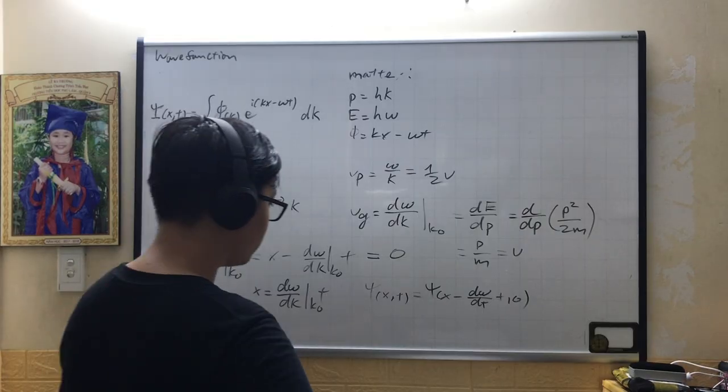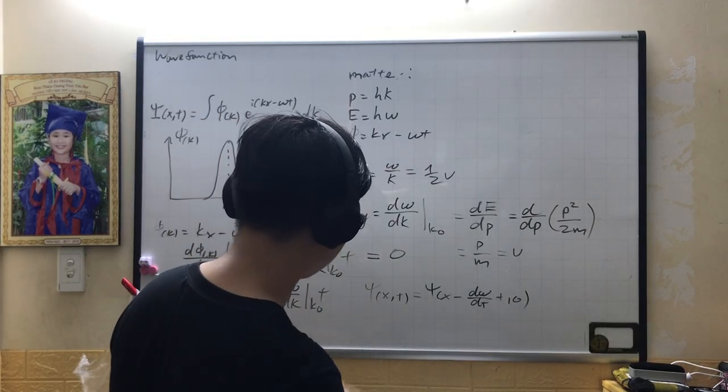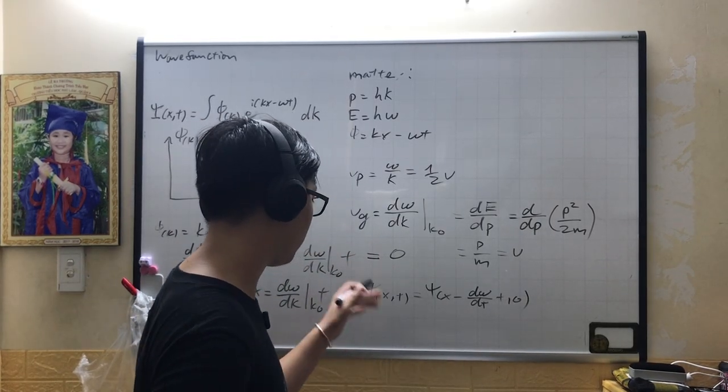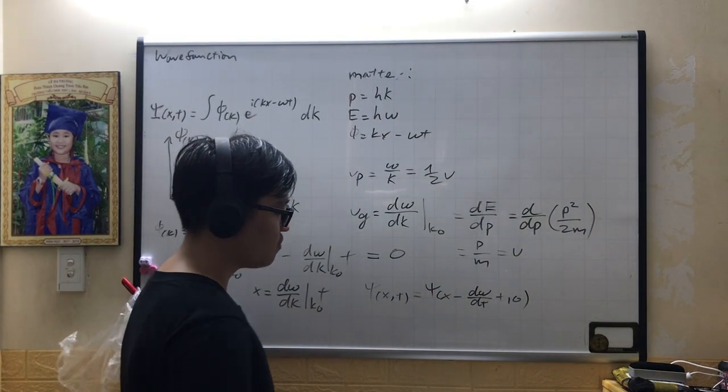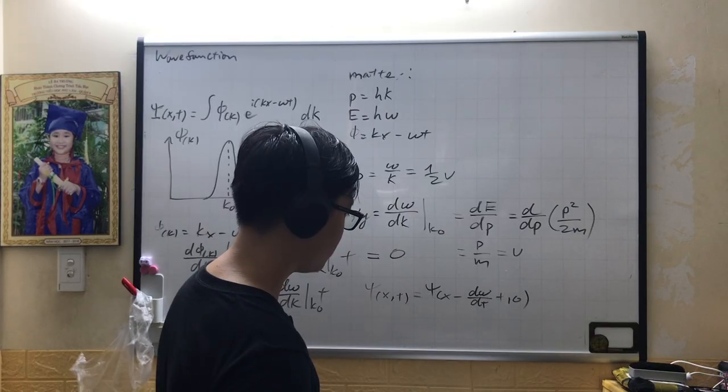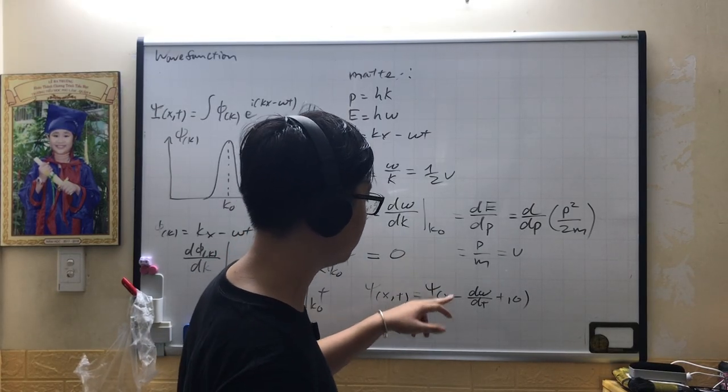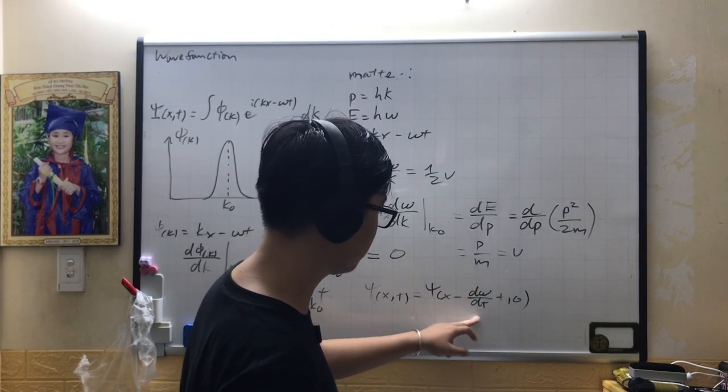So from this, we can safely say that when you evolve the wave function through time, the shape would be the shape of it initially shifted by the group velocity.